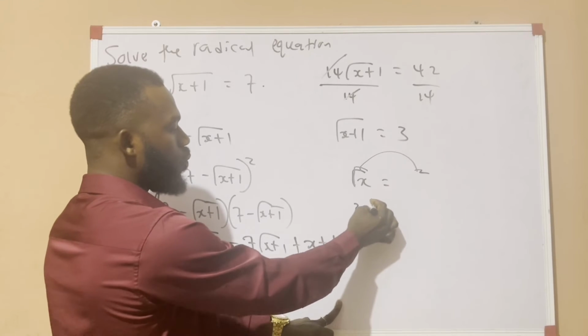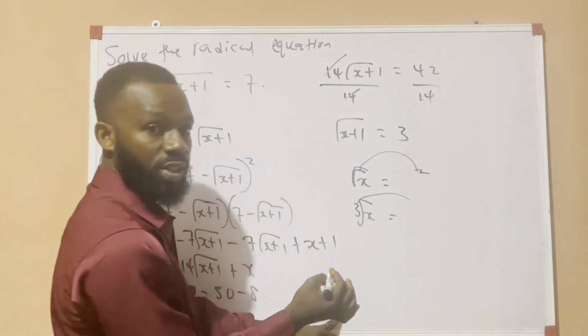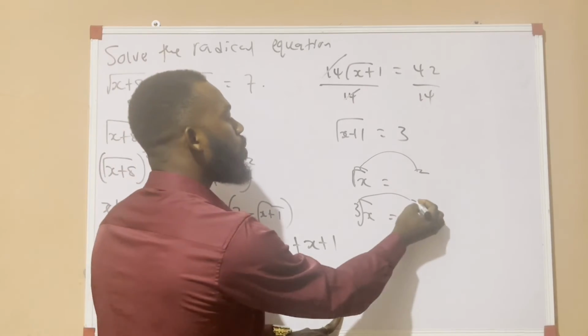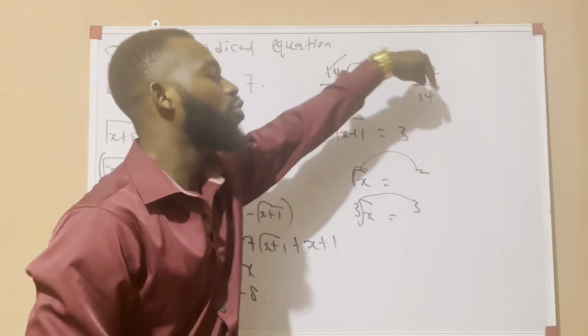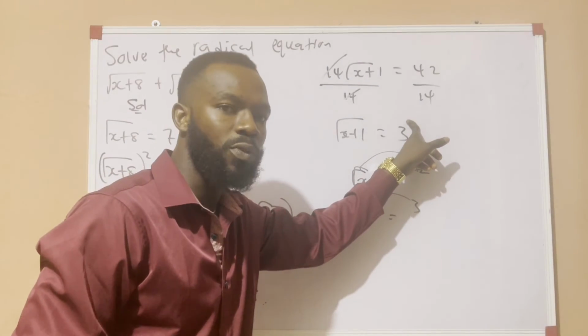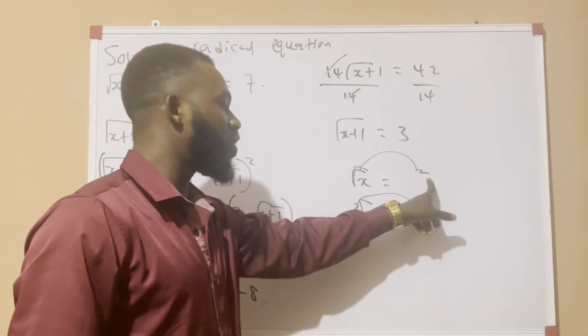If I have cube root of x, and then the cube root crosses the equality sign, it becomes raised to power 3. So now, if this square root should cross the equality sign, what will it become to 3? It becomes 3 raised to power 2, because we said when square root crosses, it becomes square.